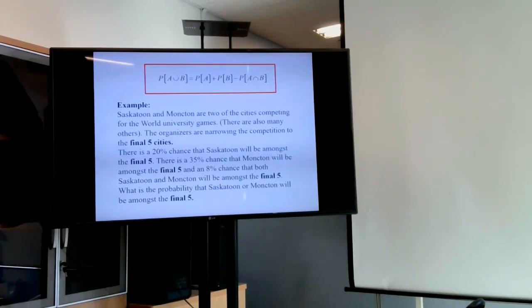Only 5 cities will be selected for the final. There is a 20% chance that Saskatoon will be amongst the final 5, a 35% chance that Mactan will be amongst the final 5, and an 8% chance that both cities will be amongst the final 5. What is the probability that at least one of the cities will be amongst the final 5?